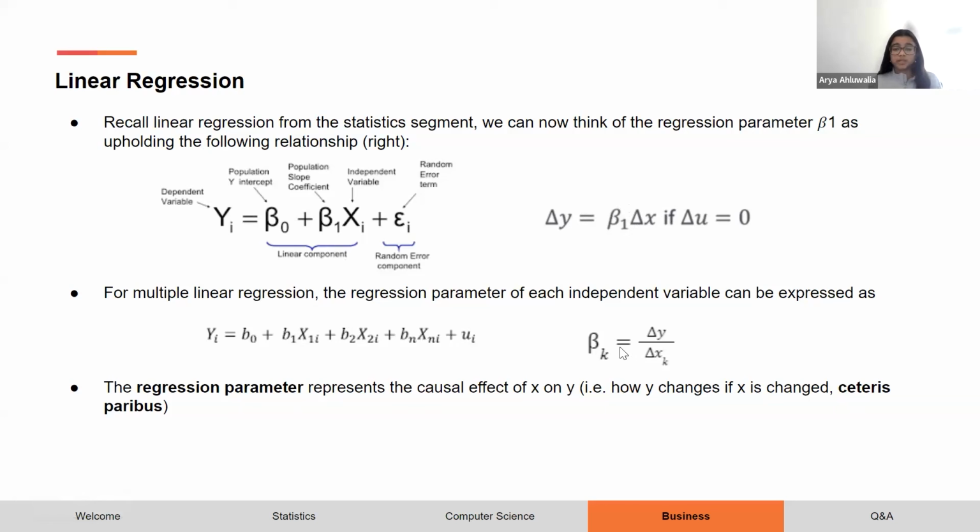For multiple linear regression, we then think of it as the change in y over the change in a specific x variable. And this notion of ceteris paribus just means we can assume this. When we assume this, we think of all other variables being kept constant. That's how we come up with this relationship. So we're only isolating one particular x variable.